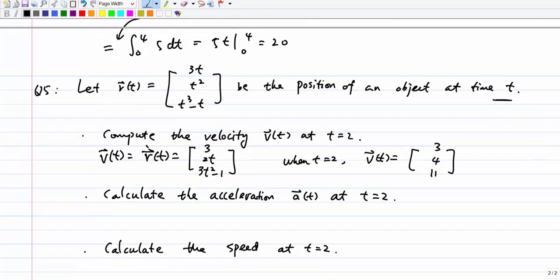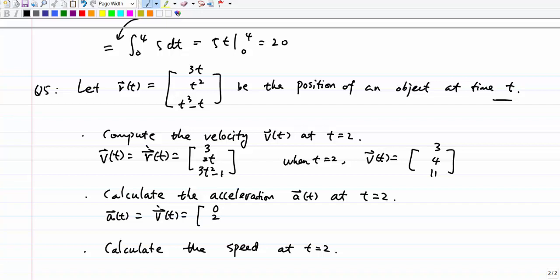Okay, now the acceleration at t equals 2. Let's compute the acceleration first, which is the derivative of v of t. We just take one more derivative of that. The derivative of 3 with respect to t is 0. The derivative of 2t is 2.